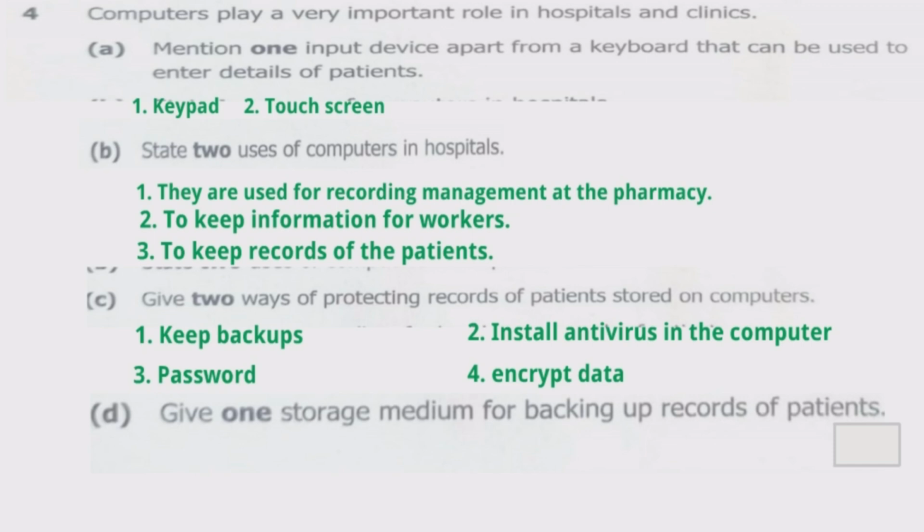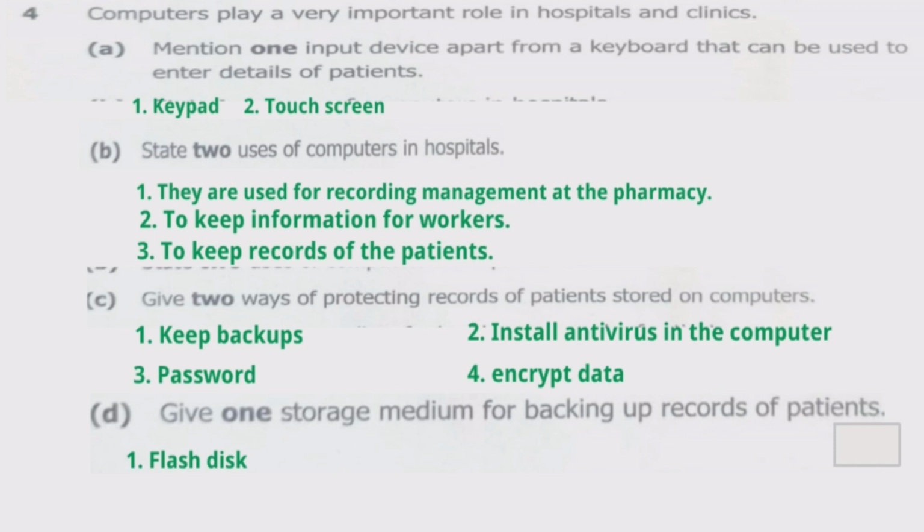When you want to back up the information of the patient, one, you can use a flash disk. I'm sure all of us know the flash. You can use the flash to put that information in. That depends on the size of the data and the size of the flash.